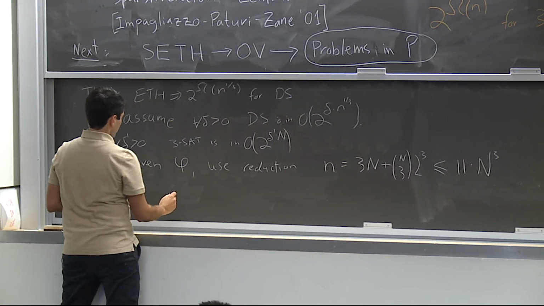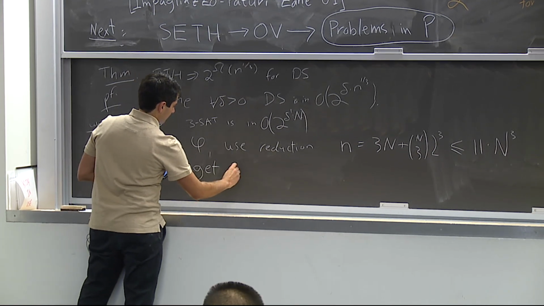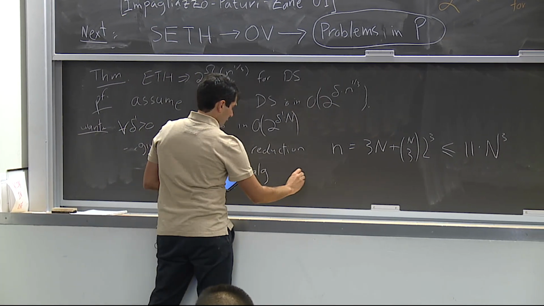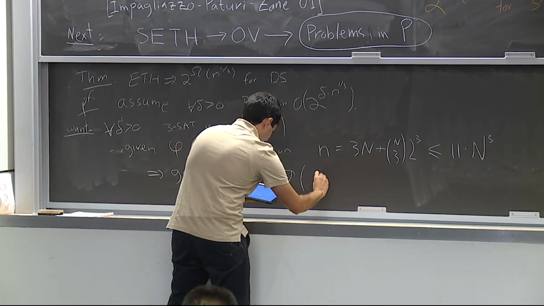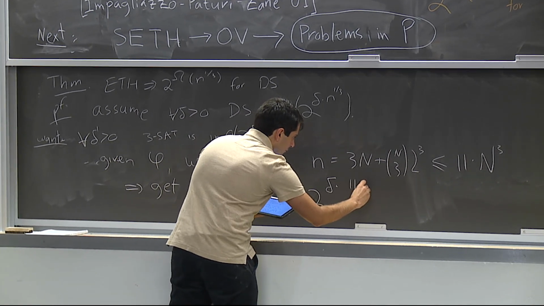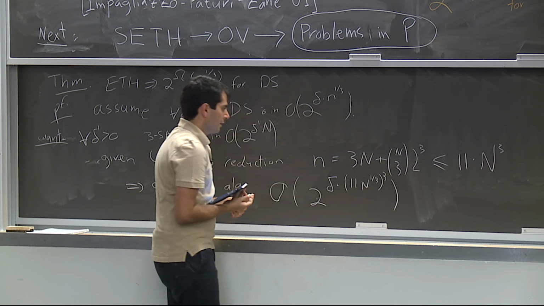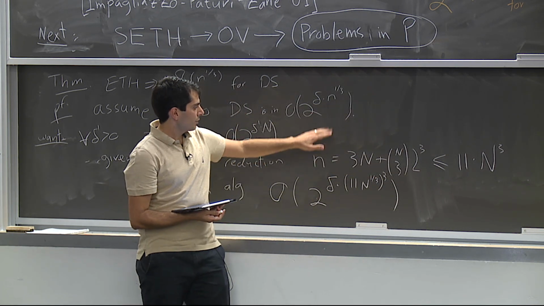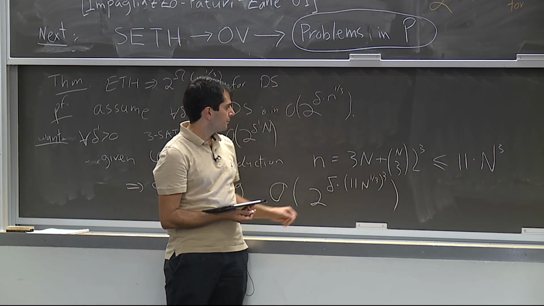And so we get a running time. We get this running time because this is the number of nodes. So if we put it in this algorithm, we get delta times this to the 1/3.